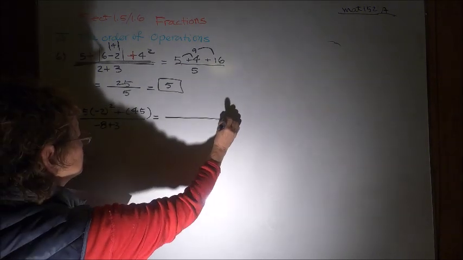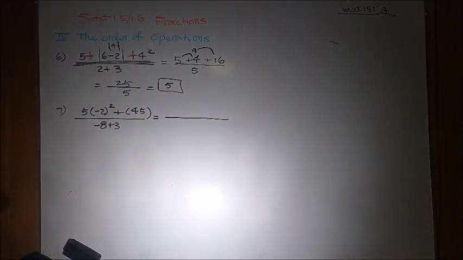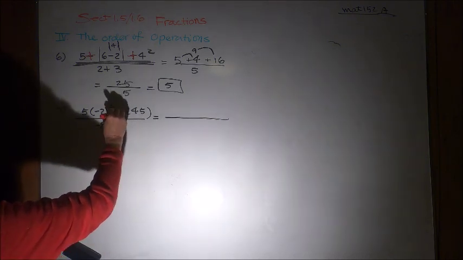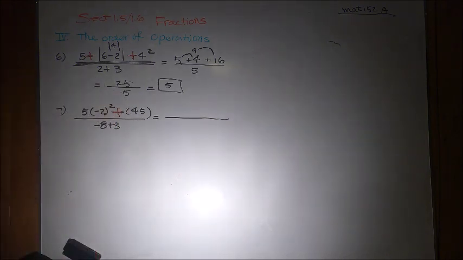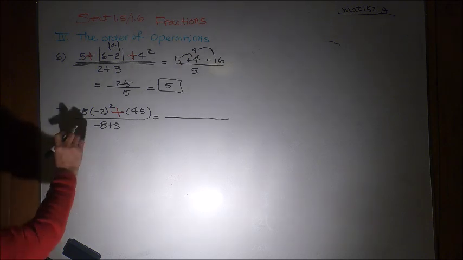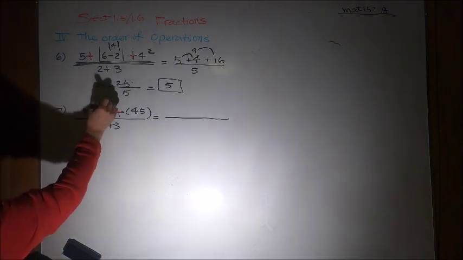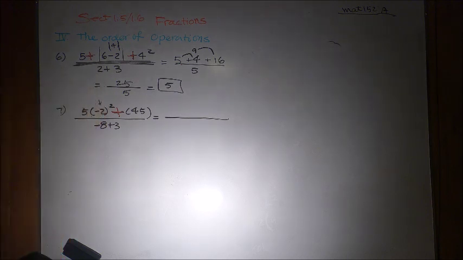For the next one, same thing. We have a fraction. So you work with it separately. Okay? So for the top, it has 2 parts separated by a plus sign. So what do we have? For this part, you will do the exponents first before you multiply, right?